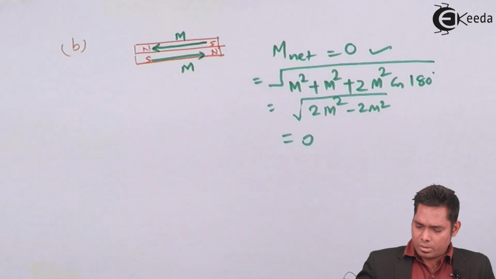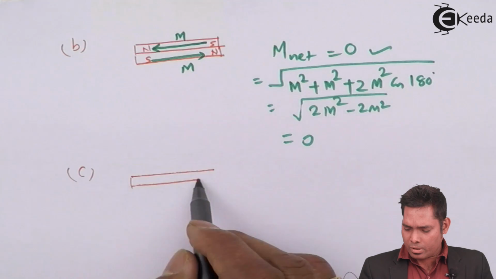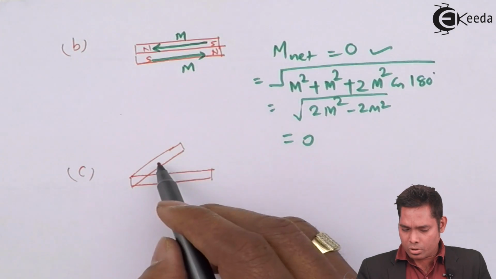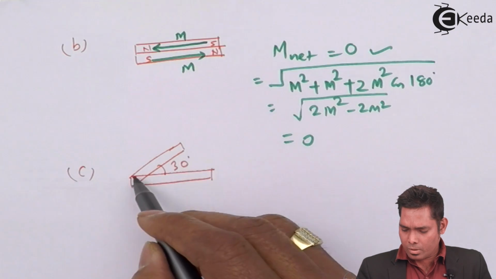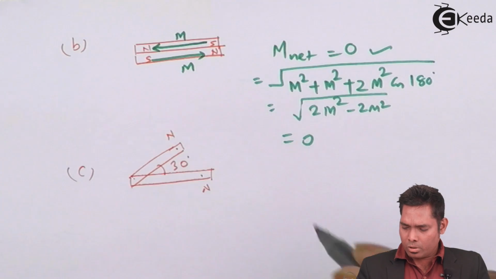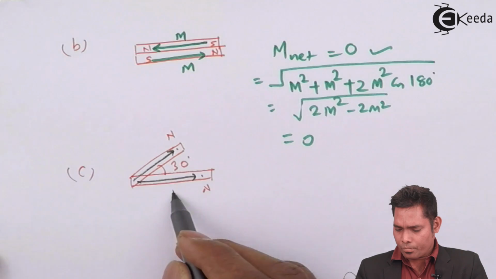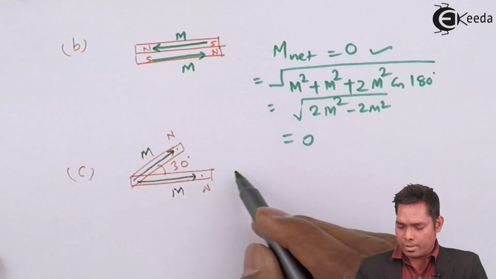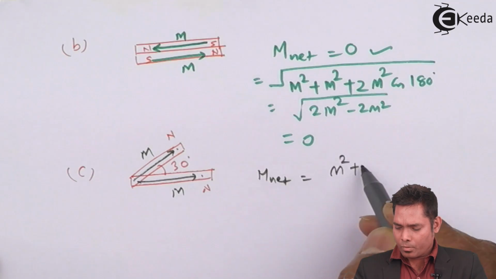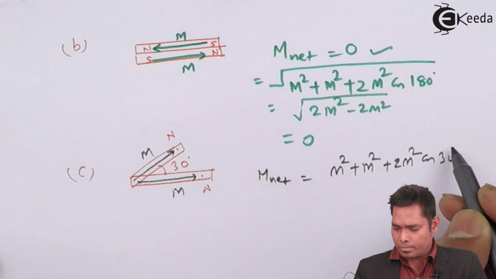For figure number C, we have one magnet and another magnet at an angle of 30 degrees, and this is north pole, this is north pole, so this is the direction of M, M, and the angle is 30. So M net is the root of M square plus M square plus 2 M square cos 30.